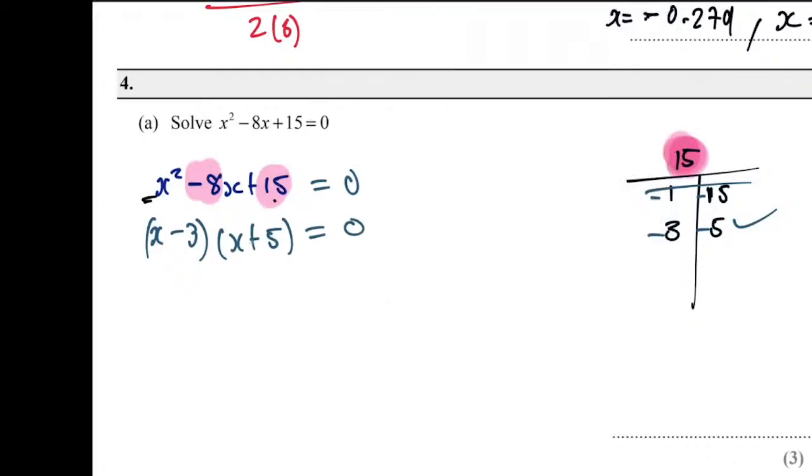Now, if two numbers are multiplying to give you 0, it means one of them is 0. This x minus 3 is a number, this x plus 5 is a number, they're multiplying to give you 0. So here you'd say x minus 3 is equal to 0, or x plus 5 is equal to 0.